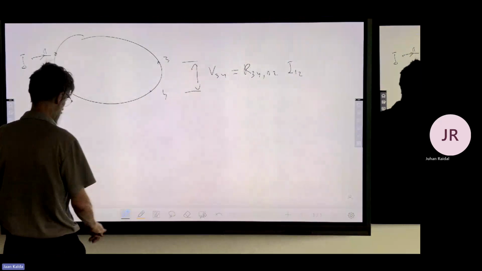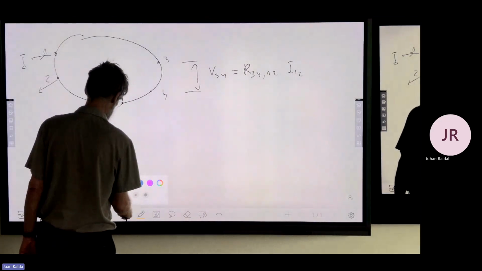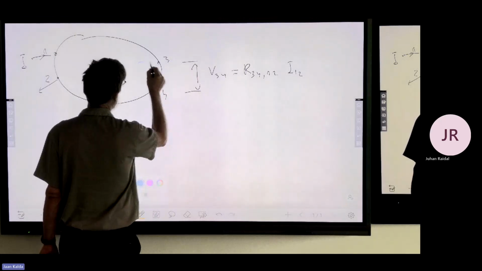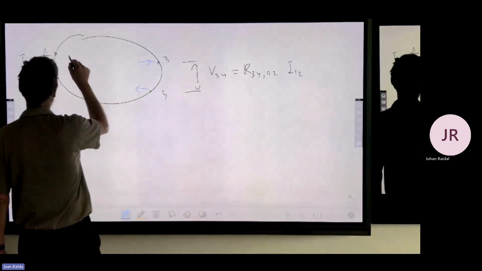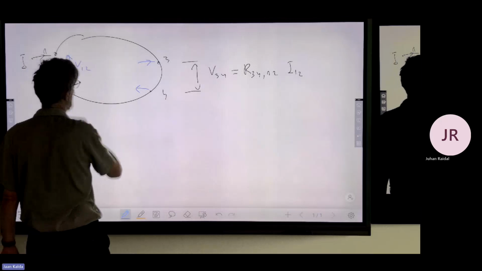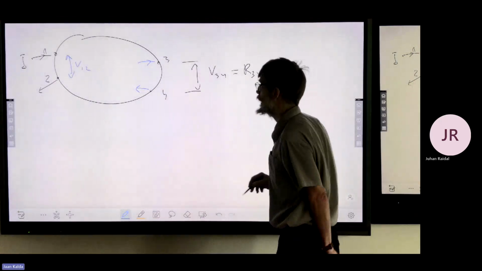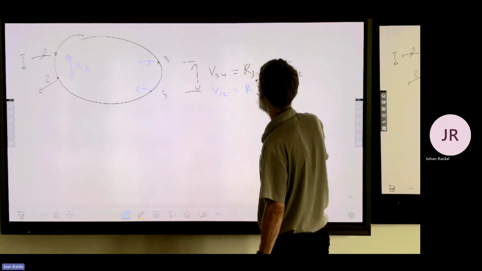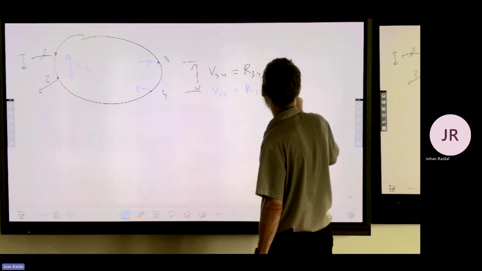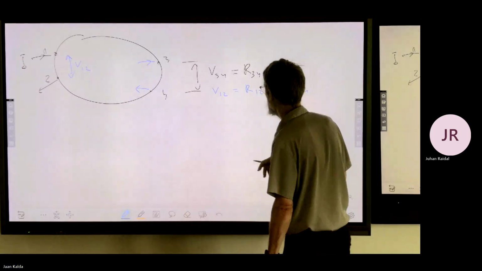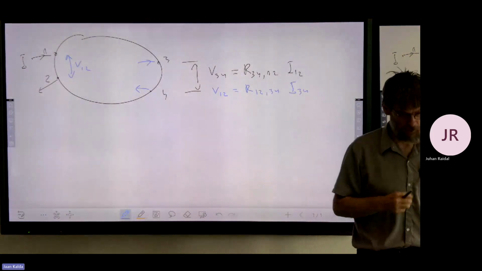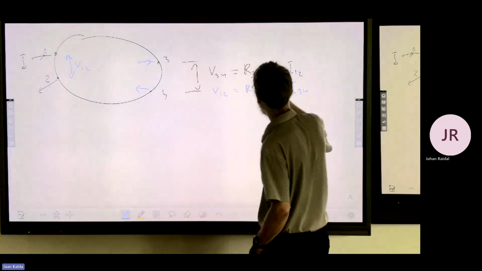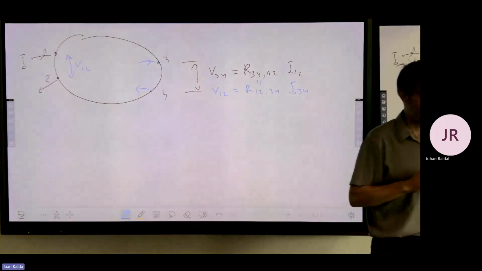On the other hand, we can now let current in here, take out here, and measure voltage here. Then V1,2 equals another coefficient of proportionality, R1,2,3,4, times I3,4. Now, what reciprocity tells us is that those two coefficients are equal.